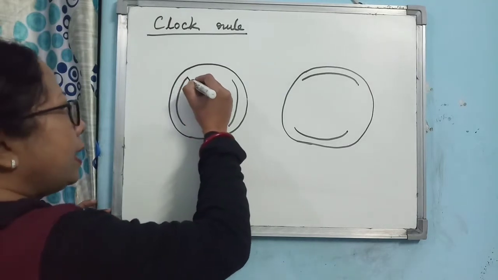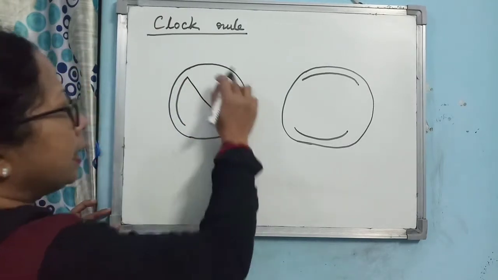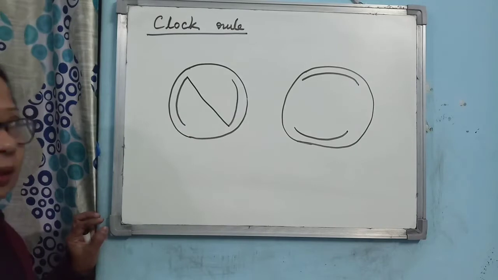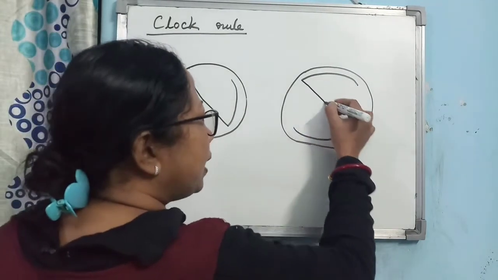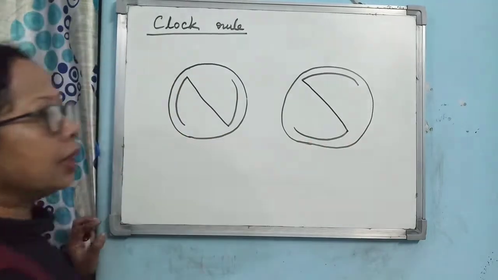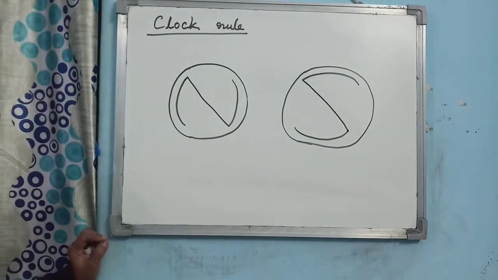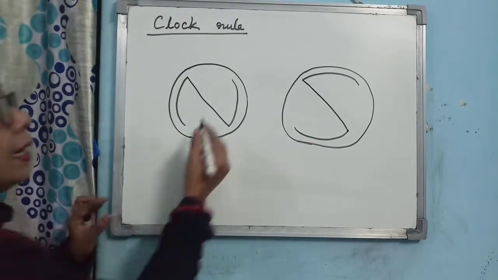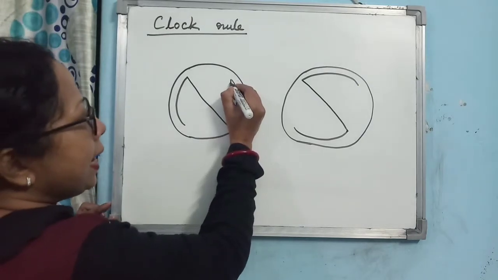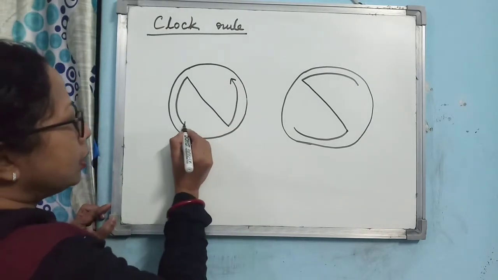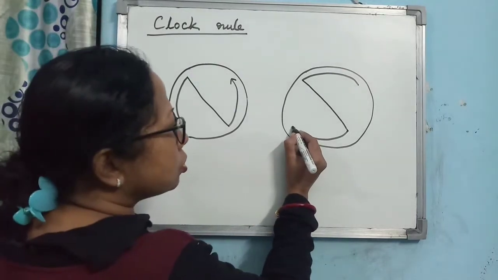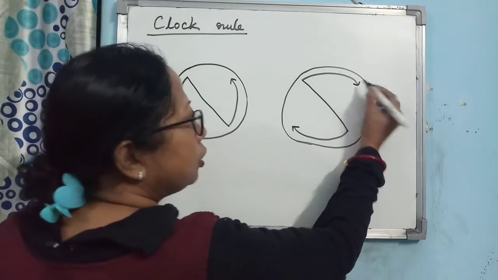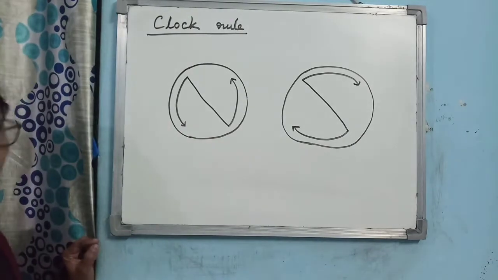Here you join the upper end and lower end of the two vertical arcs. Is that clear? And here you join the upper end and lower end of the two horizontal arcs. Clear? Then here, at the free end of the two arcs drawn, put an arrow. And then here also, at the free end of the two arcs drawn, put an arrow.